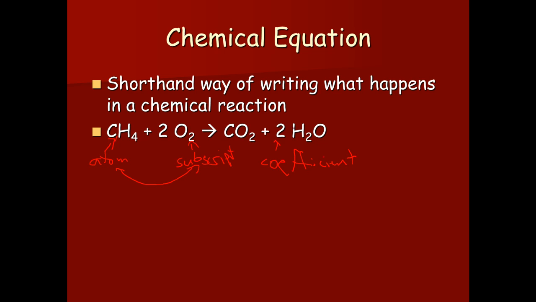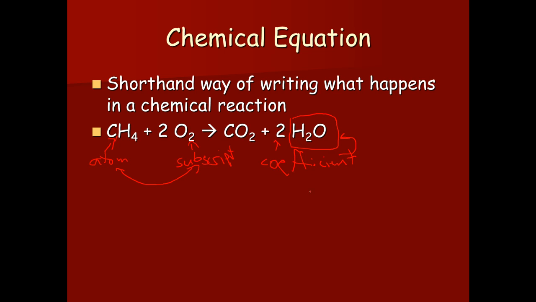A coefficient is related to the whole molecule. So if we were looking at this water molecule, one water molecule contains 2 hydrogens bound to 1 oxygen. And what this coefficient tells me is that I have 2 molecules.